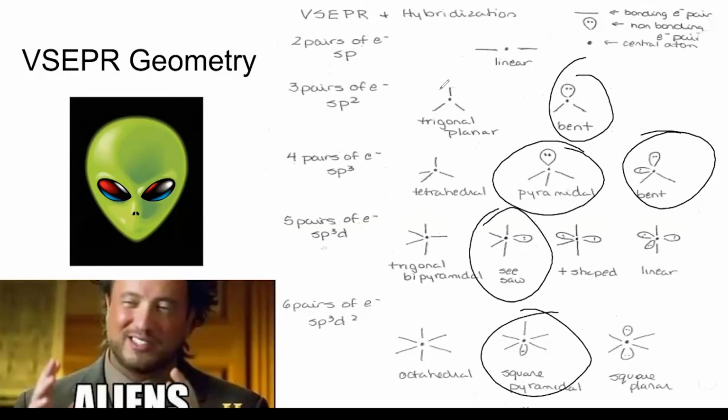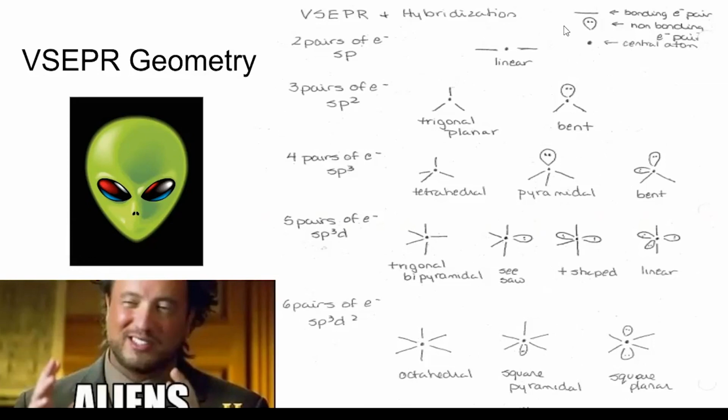These should all be the polar molecules, like the polar bears. So all these would be the polar, and then everything else would be nonpolar. But always be sure to draw out the Lewis dot structure.